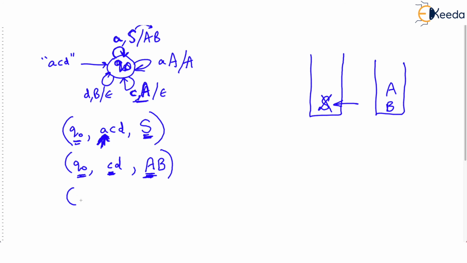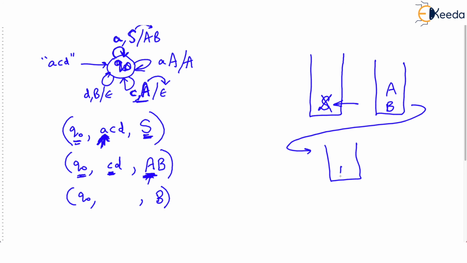That we stay in Q0, but this A has been replaced with epsilon. That means this A has to be removed and only B remains. That's a pop operation. So what is the stack now? The stack contains only B. A has been removed and the input now contains only d. I hope you understand. Correct?